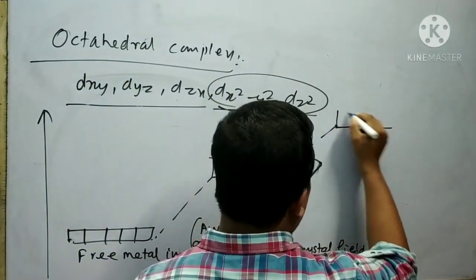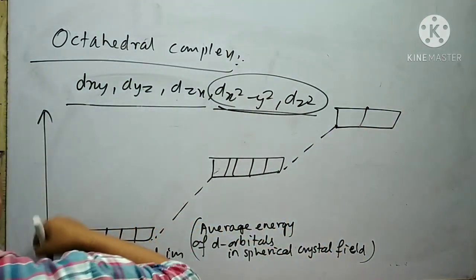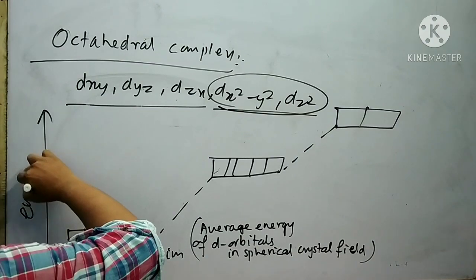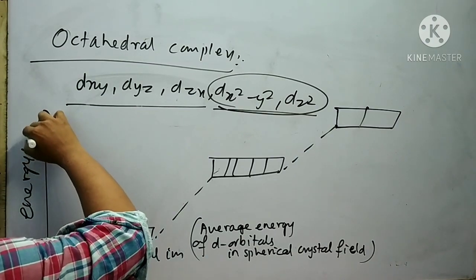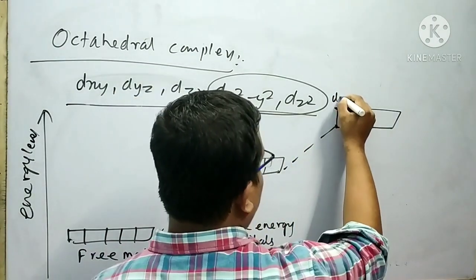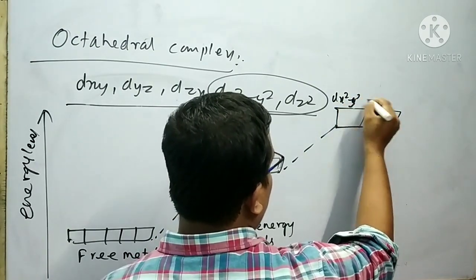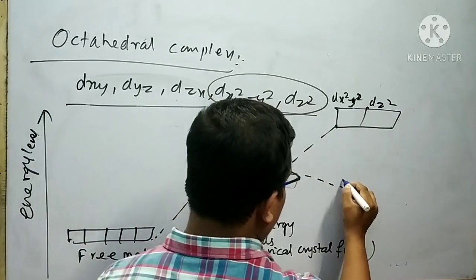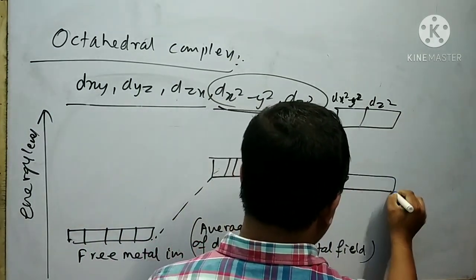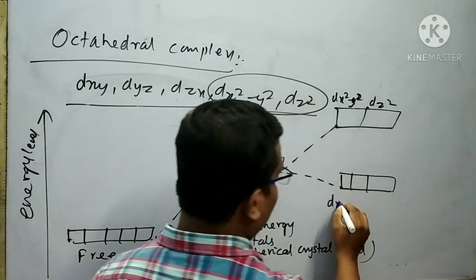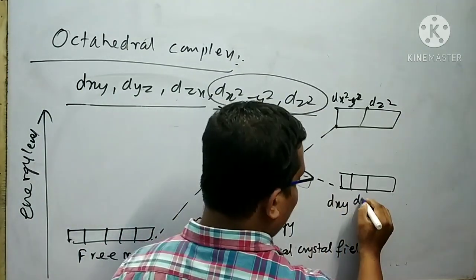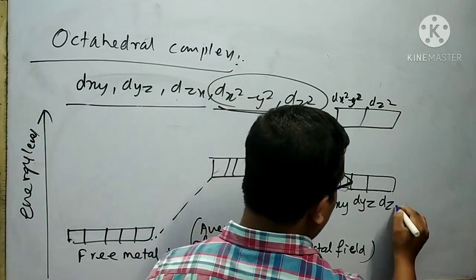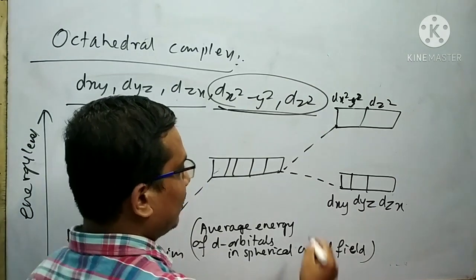So I can write like this. 2 orbitals have higher energy, this is the energy level. This is dx²-y². This is dz². Another 3 orbitals are present like this. This is dxy. This is dyz. This is dzx.